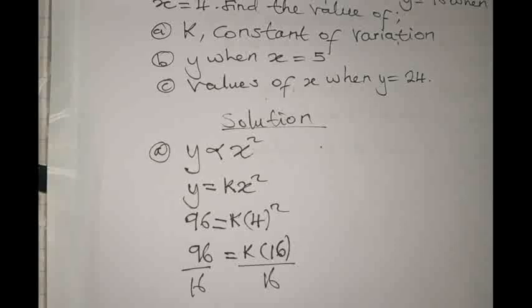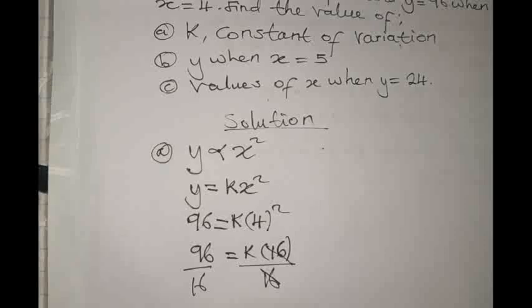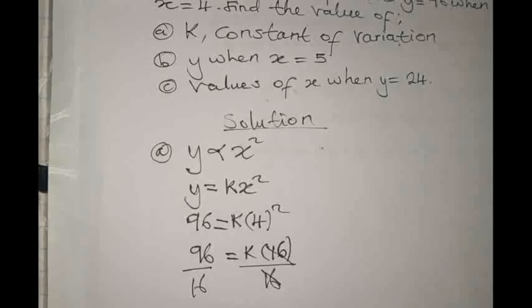If you want to find the value of k, since this and this will go, k will therefore be equal to, let's try, how many times do you multiply this 16 to give us 96?